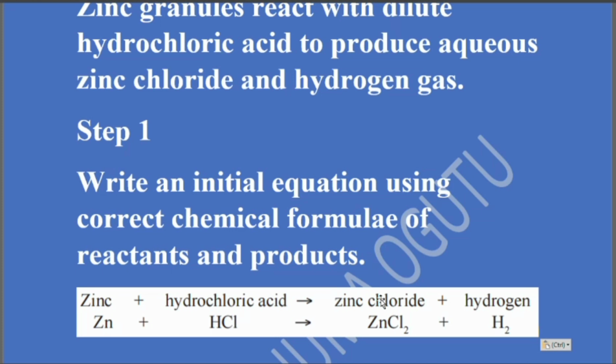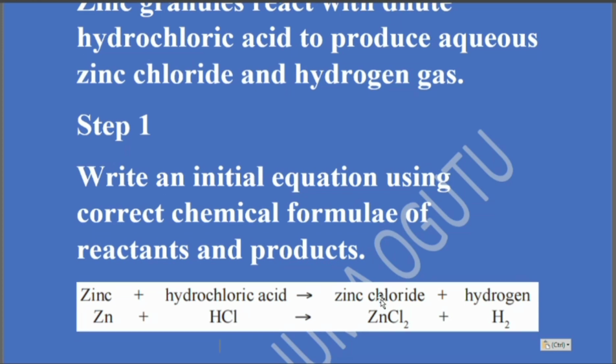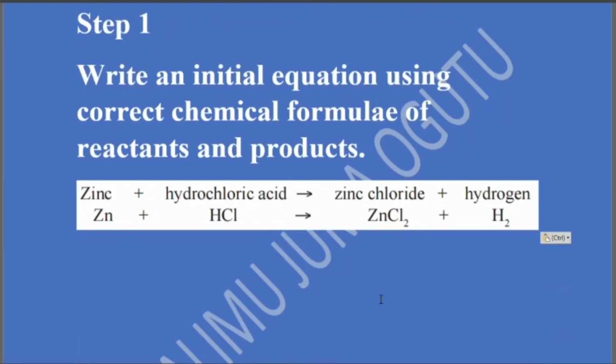Now we write it in symbols. The symbol for zinc is Zn. Hydrochloric acid is HCl. Then the products, we also have. Now that is the first step.